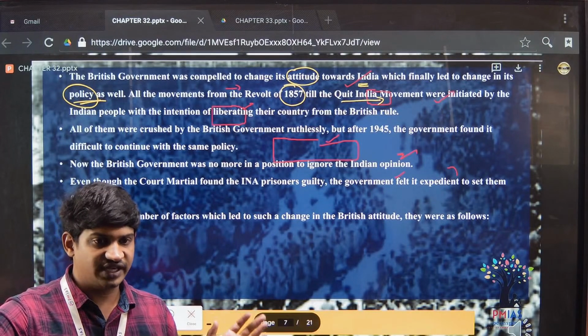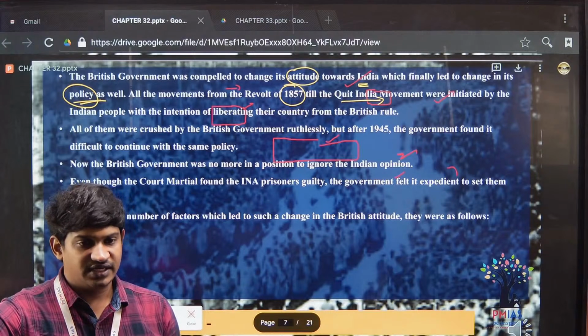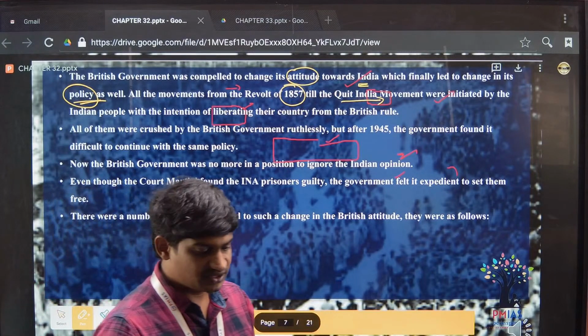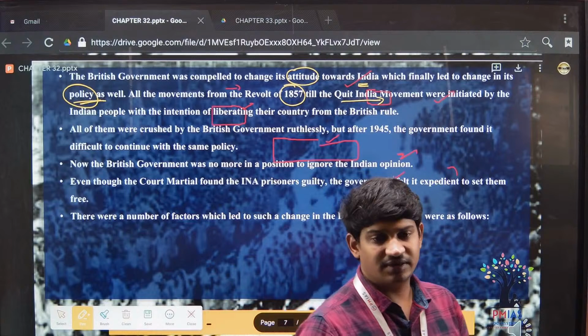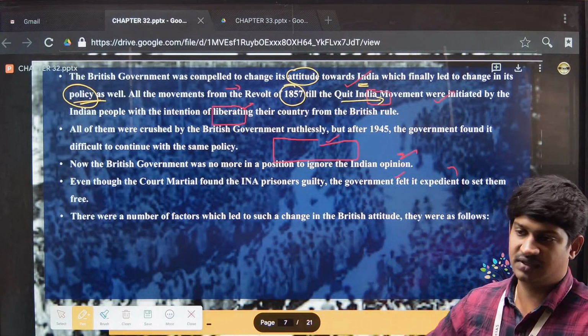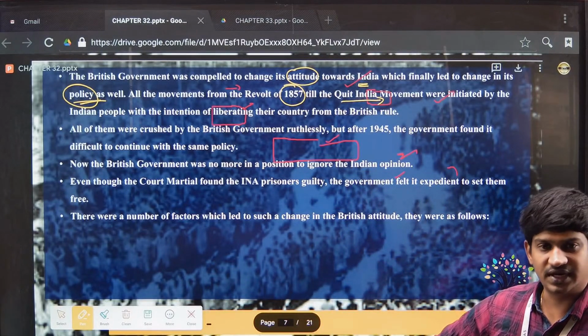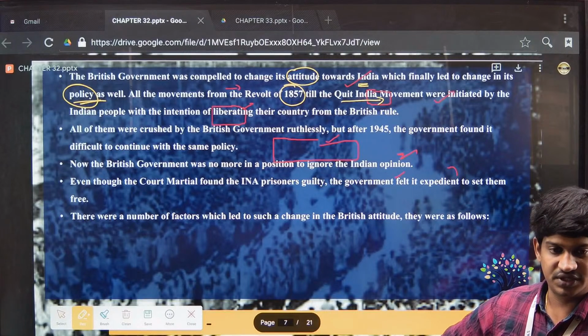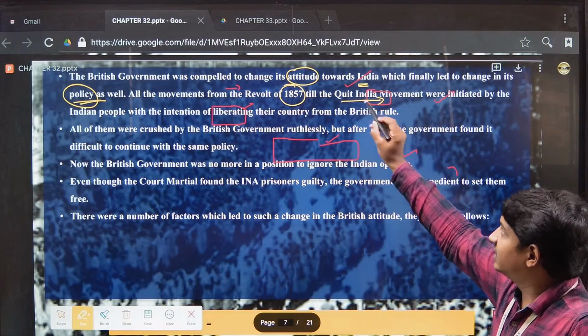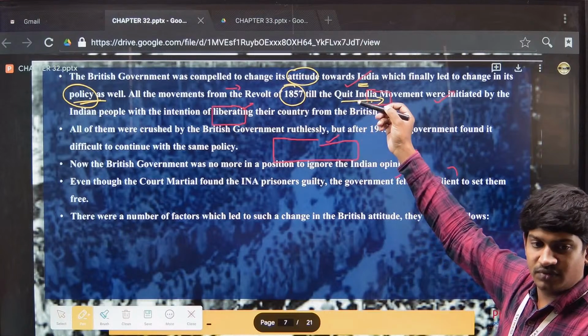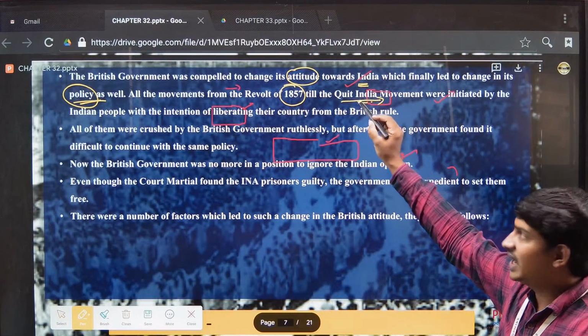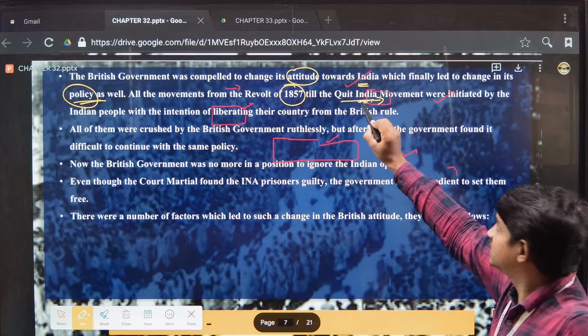But after the 1857 revolt, in 1858 with Queen Victoria's proclamation, India entered into the complete administration of the British crown. From there till the Quit India movement, a number of movements from various places occurred, and the Quit India movement was the last one.